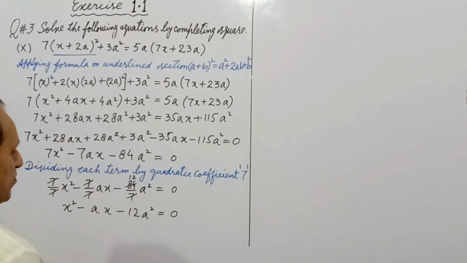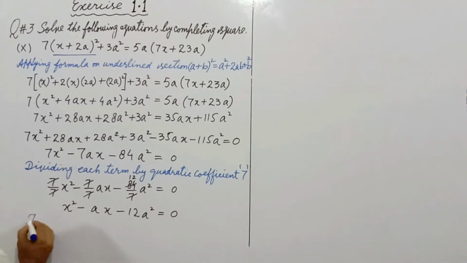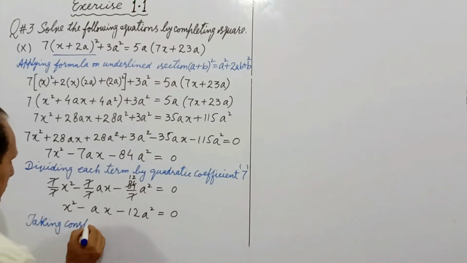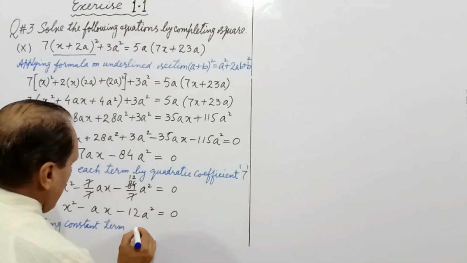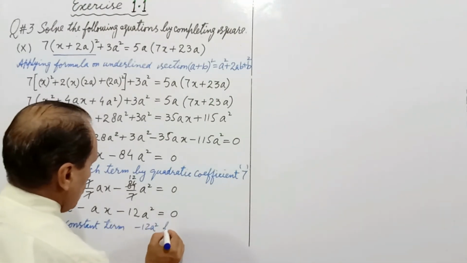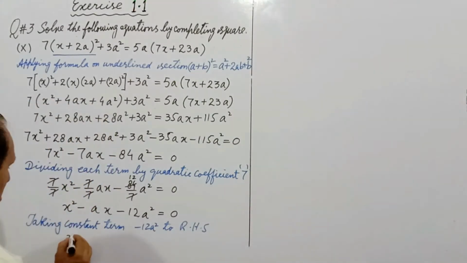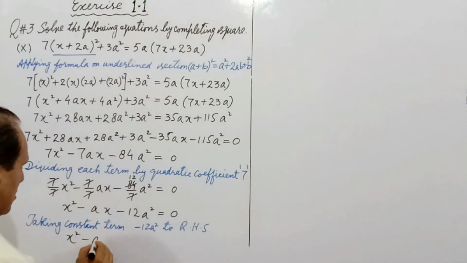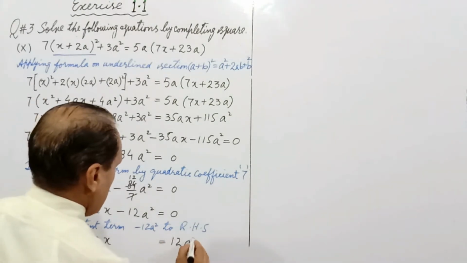In the next step, we have to take this constant term to the right hand side according to the completing square method. Taking constant term minus 12a square to the right hand side, it becomes x square minus ax is equal to 12a square.